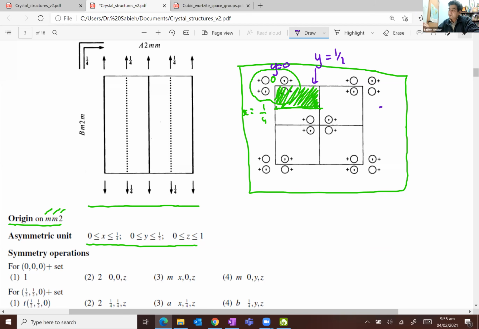So if I just took the green area and I had all the symmetry elements available to me, I could reproduce the entire unit cell. This is what the asymmetric unit means.